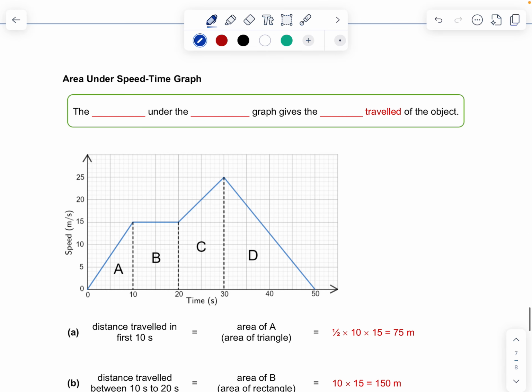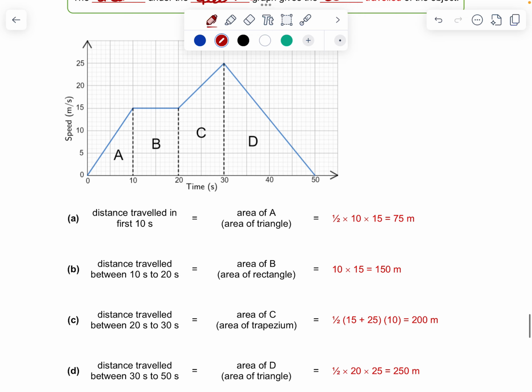Okay, let's move on to the area under a speed time graph. The area under the speed time graph gives you the distance traveled. For portion A, this is actually a triangle.